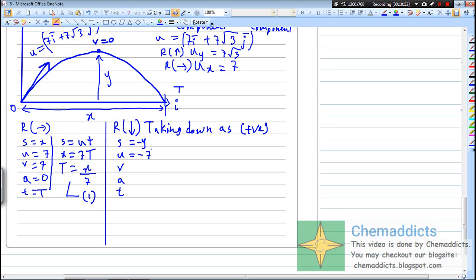The equation is really sensitive to sign, so that is why we need to be very careful about the sign.